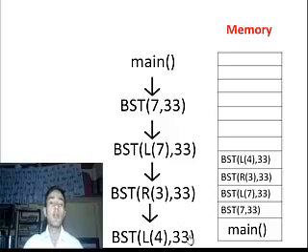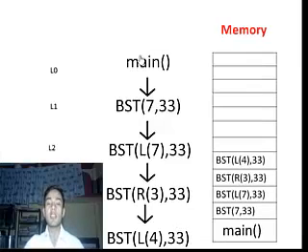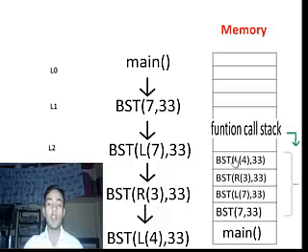The space occupied by this recursion is equal to the space occupied by its function call stack. The space occupied by the function call stack is maximum when we are at BSTL(4, 33). When we are at BSTL(4, 33), all the other BST calls are also consuming memory, and this is the function call stack of this recursion.